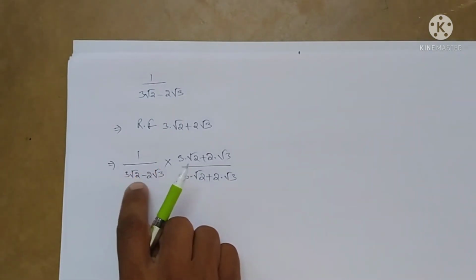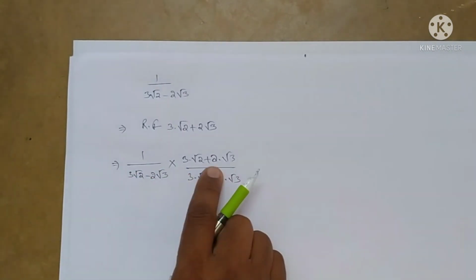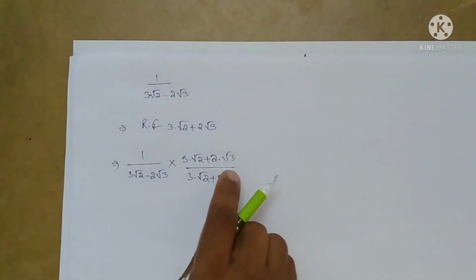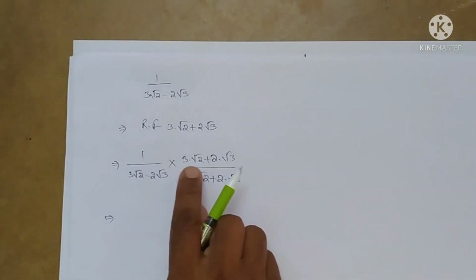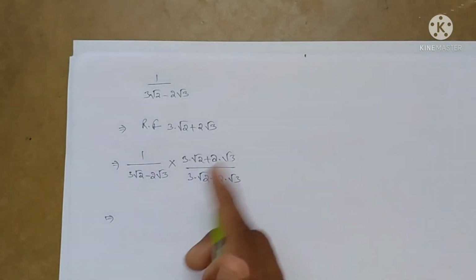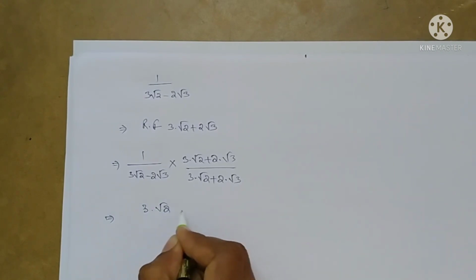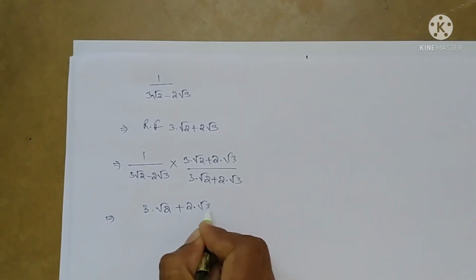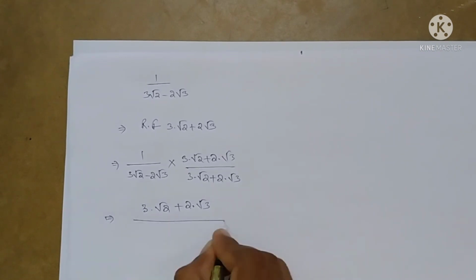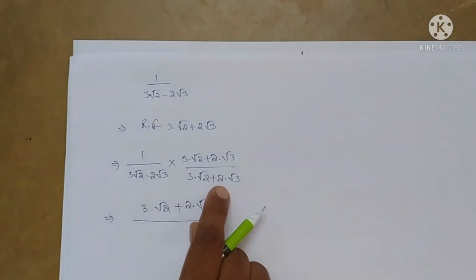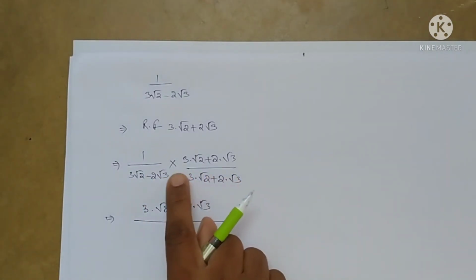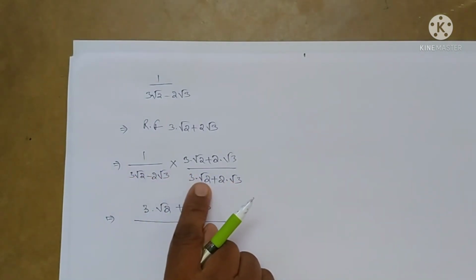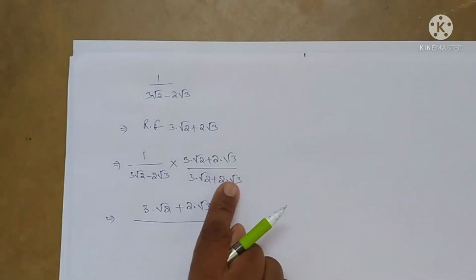Here the denominator is of the form a minus b into a plus b, so the numerator is 3 into root 2 plus 2 into root 3 by a square minus b square. Here a is equal to 3 into root 2, b is equal to 2 into root 3.